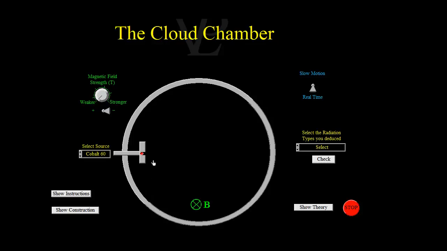But then what we've also got is that very, very faint one coming out, and that's the gamma, and it won't be affected if I increase the strength of the magnetic field, because a photon of light, of course, hasn't got any charge, so it will just continue in a straight line, and you hardly see any vapour forming. So the ionisation power of the photon is nowhere near as strong as the beta particle, and the beta particle's ionisation ability isn't as big as the alpha.